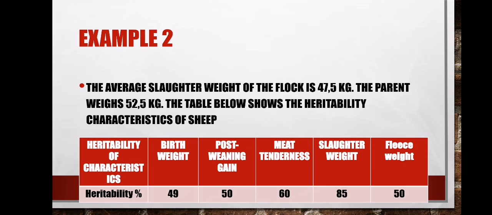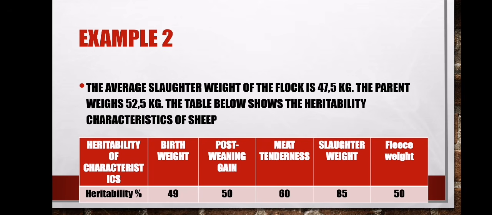The characteristic with a heritability: the birth weight is 49, the post-weaning weight gain is 50, the muscle tenderness is 60, the slaughter weight is 85, and then the fleece weight is 50. If you can recall, which one would you not advise a farmer to use in a breeding program?